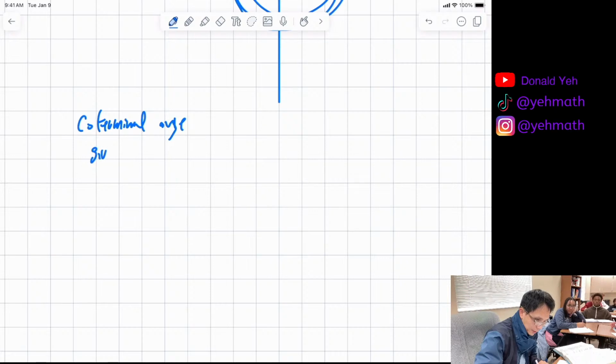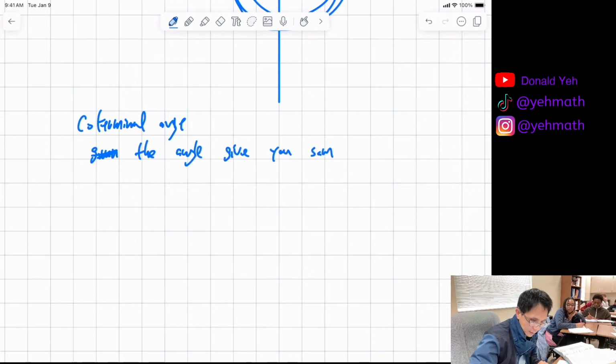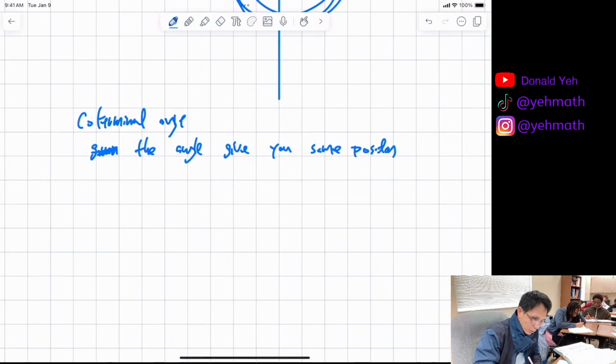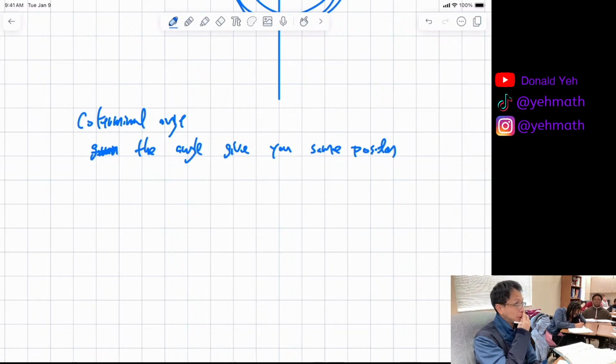So the angle gives you the same position. What does that mean? The angle gives you the same position. For example, what exactly is a coterminal angle? There's an infinite amount of coterminal angles, by the way.